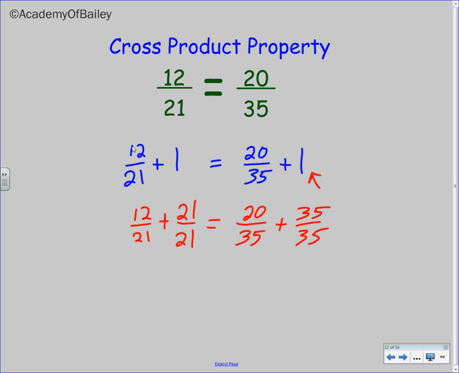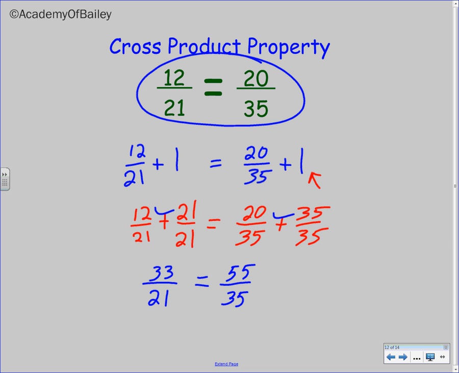And so from here, combine the left side, 12 plus 21, 33, and the denominator. On the right side, 20 plus 35, 55, and the denominator. And so basically you start out with this proportion.